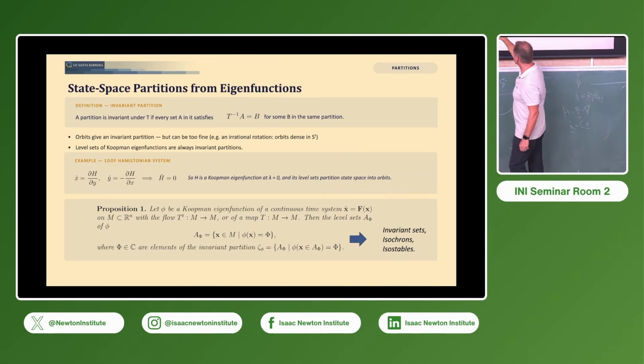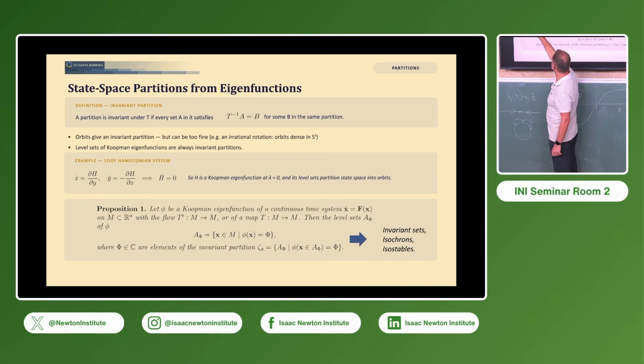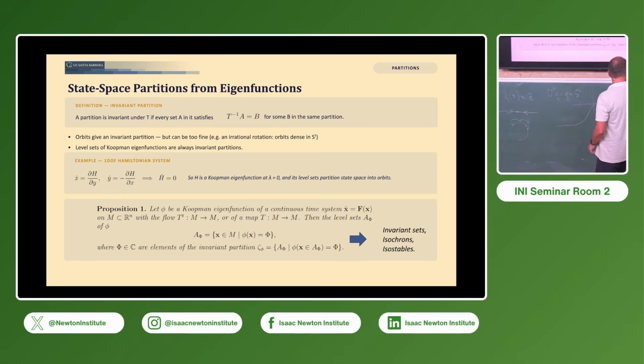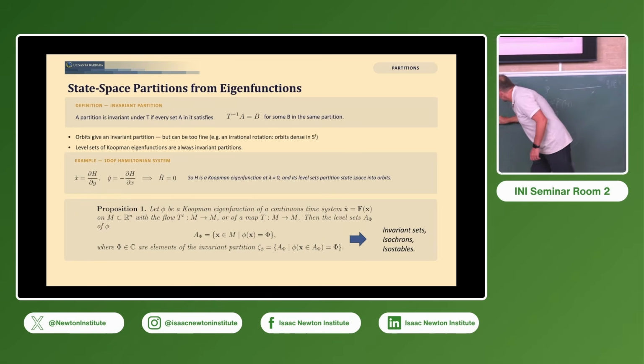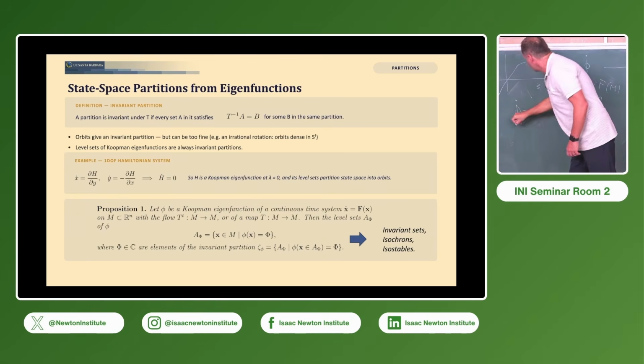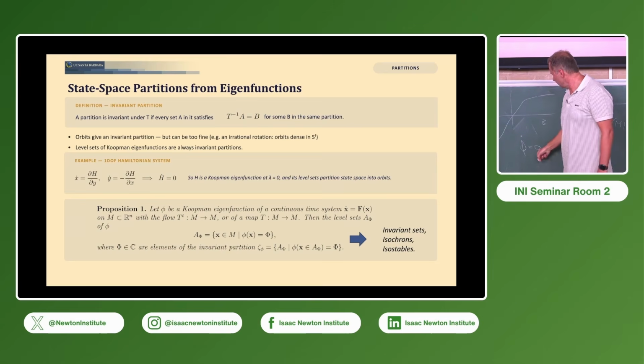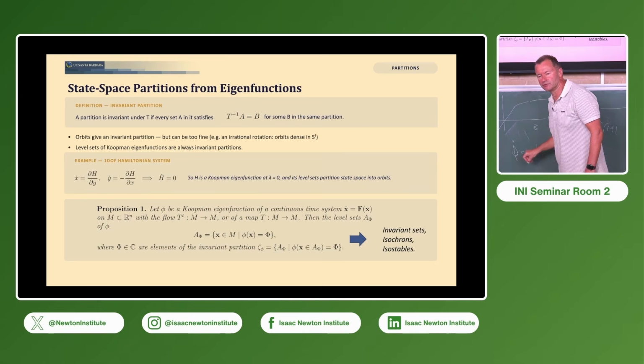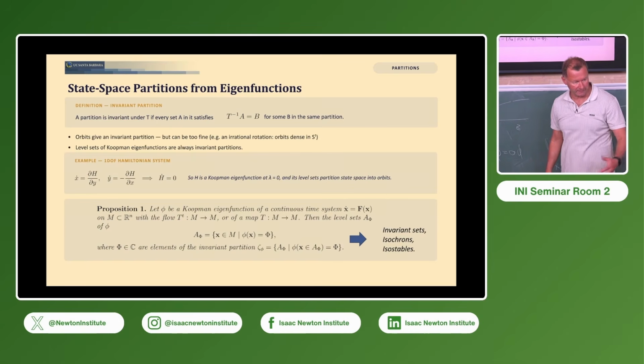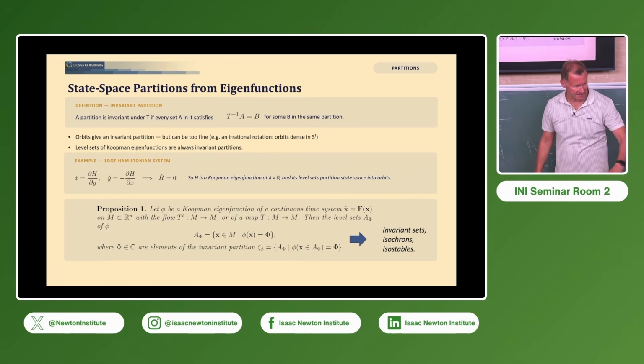But as we already noticed, the energy for a Hamiltonian system, this is just 1 degree of freedom, satisfies H dot is equal to 0. Note, H dot is equal to 0, if I write it as phi dot is equal to 0, is just an equation for an eigenfunction of the Koopman operator at eigenvalue 0. So energy belongs to the eigenspace at 0.